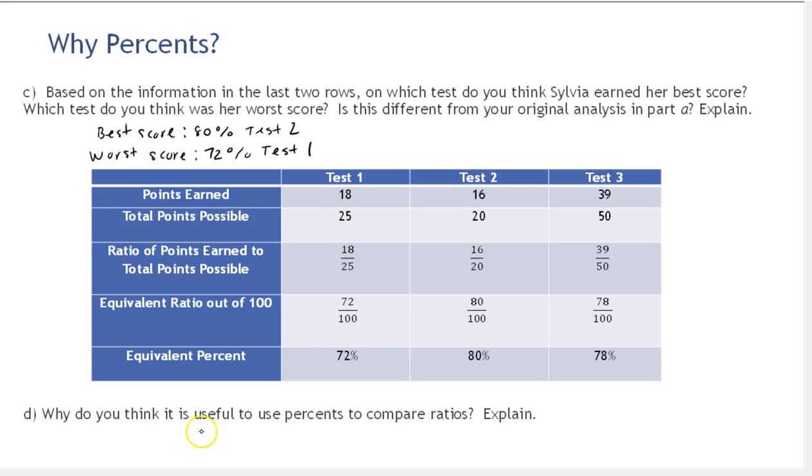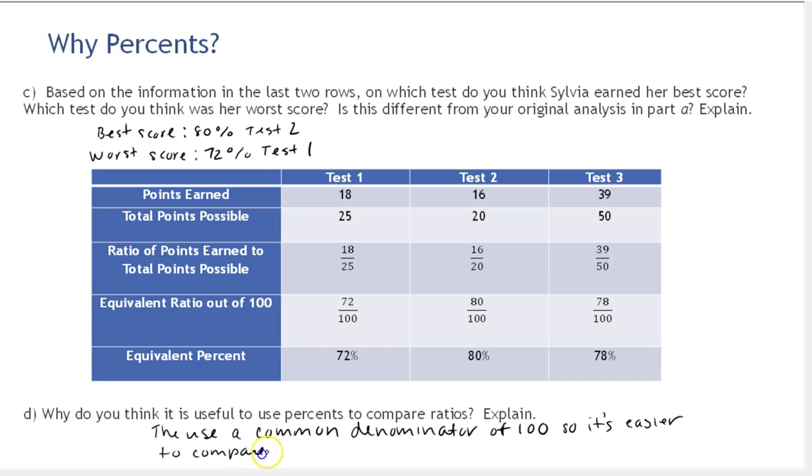So it's useful to use percent to compare ratios because they use a common denominator of 100, so it's easier to compare ratios.